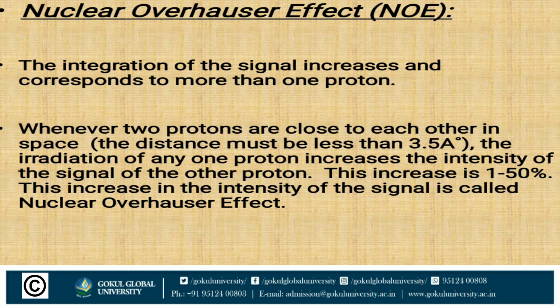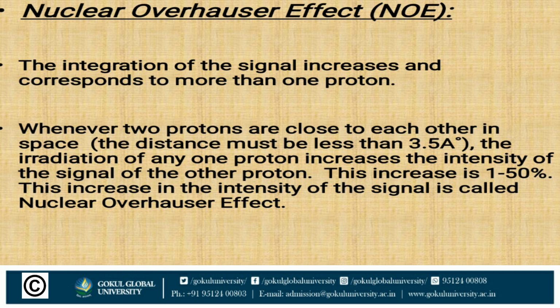We need this effect because the NMR of proton and 13C is not applicable to separate out the closest protons and closest carbons. How do we show it in this effect? The integration of the signal increases and corresponds to more than one proton. Here only the integration of the signal increases.